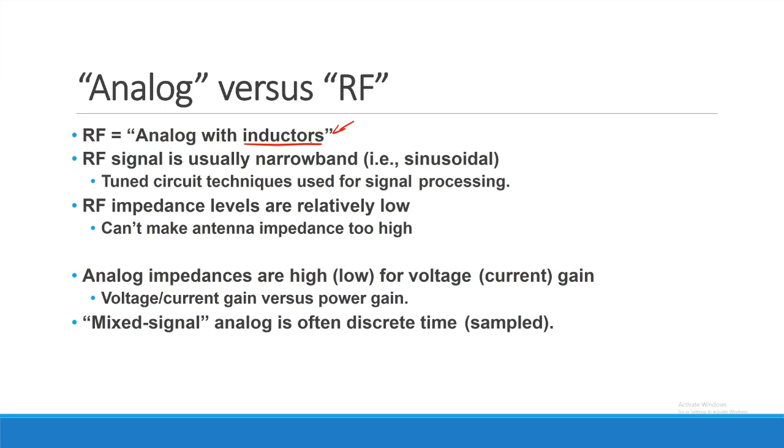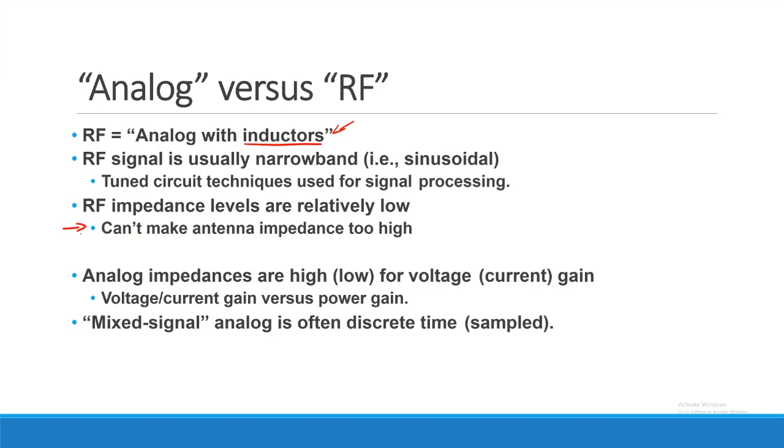The other big difference with analog versus RF is that in RF, the impedance levels you use, unfortunately, are often relatively constrained and are fairly low. Okay, so I mentioned here that I can't make the antenna impedance too high. Anybody have an idea why it is that in RF you usually end up with these fairly low impedances?